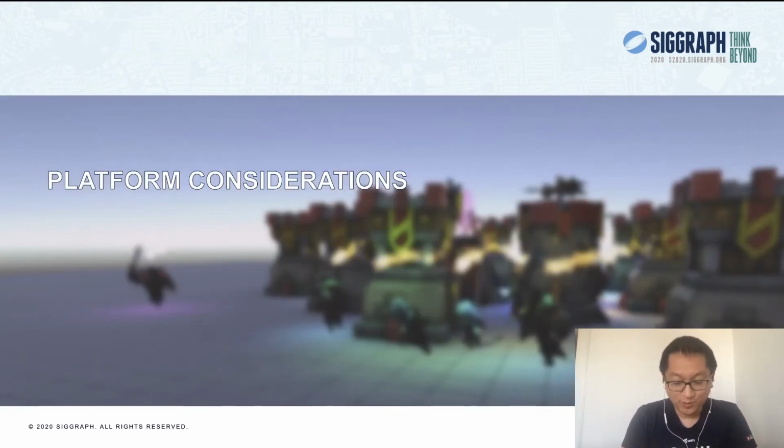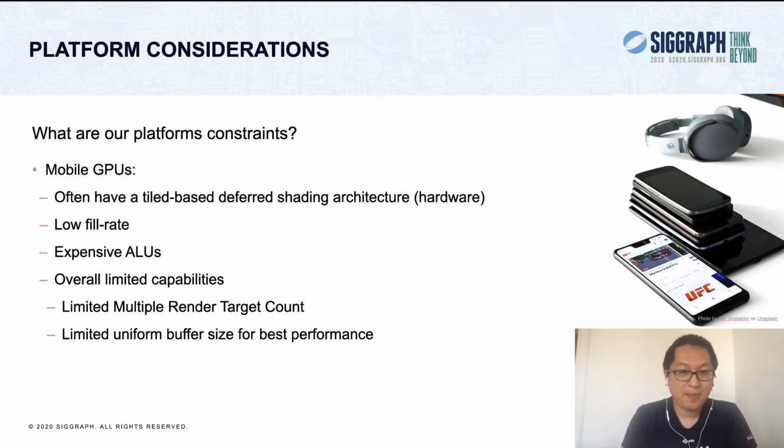So let's talk about platform considerations. What are our platform constraints? Mobile GPUs, which is your phone and your tablet, a lot of them now have a GPU that supports a tile-based deferred architecture. That's a hardware architecture.